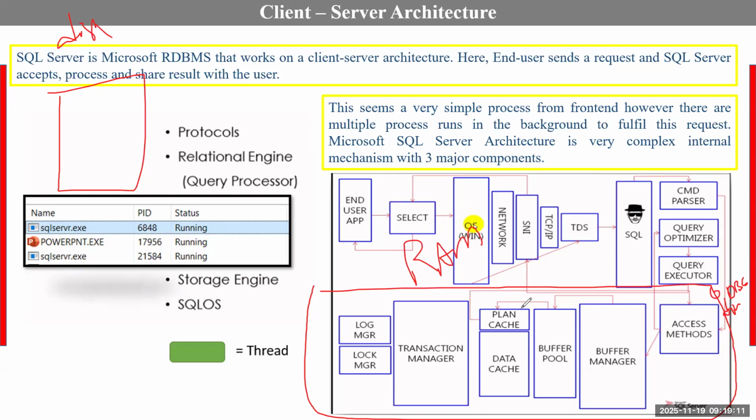RAM is like a cache, because RAM is much faster than disk. RAM you calculate in nanoseconds, disk you calculate in milliseconds. Nanoseconds are much faster than milliseconds. When calculating performance, you calculate in milliseconds.